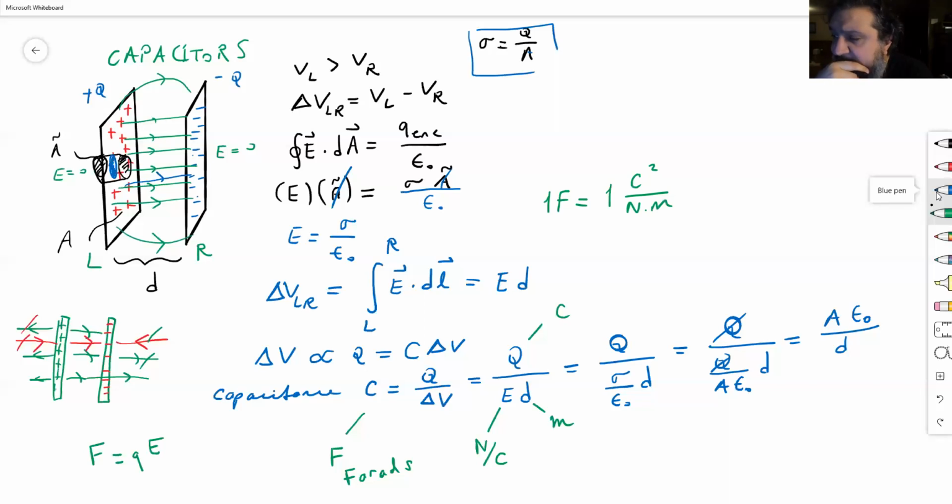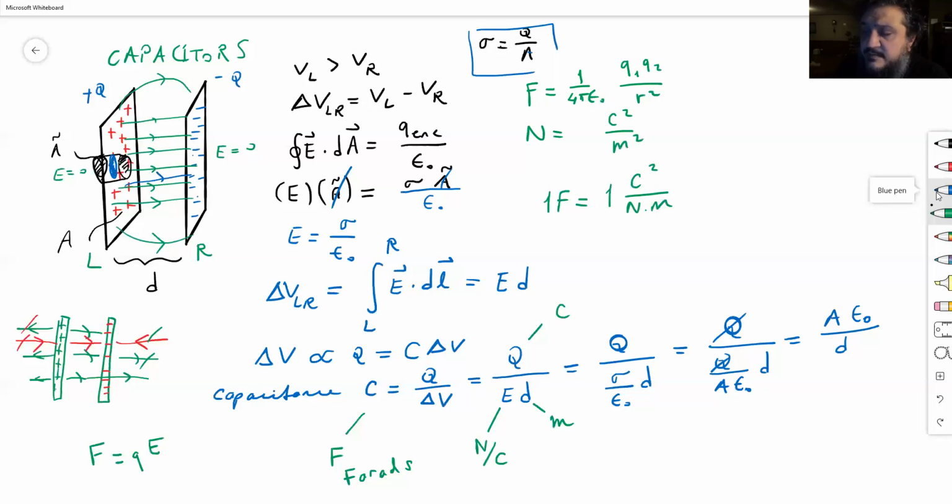There are other ways to write it too. Okay, let's see. The force equation from Coulomb's law was 1 over 4 pi epsilon 0, Q1 times Q2 divided by R squared. So what we have here is newtons. Now we have here Coulomb squared divided by meter squared.